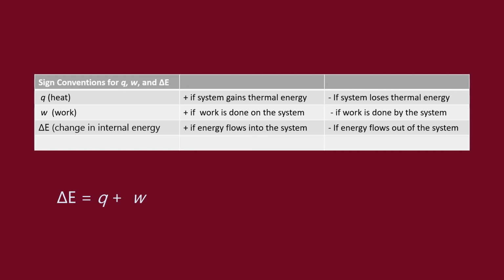If the work is being done by the system, then it's negative. And the last one, energy: if the energy flows into the system, it is positive and endothermic. If the energy flows out of the system, it's negative and exothermic.